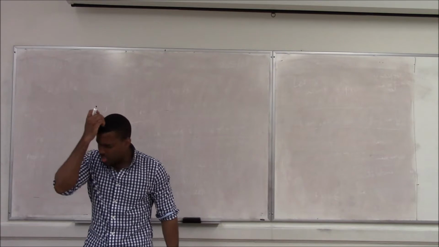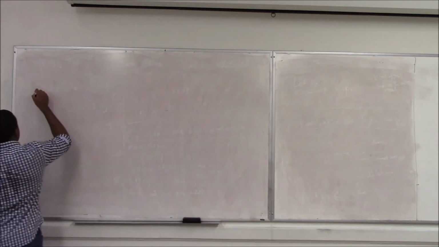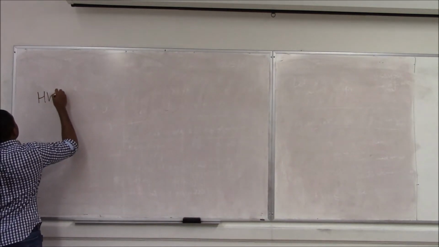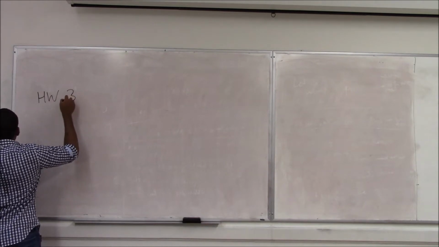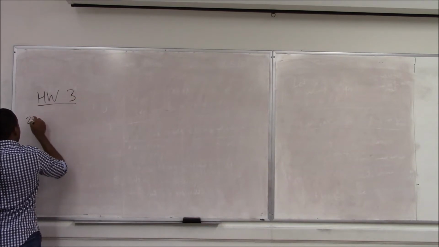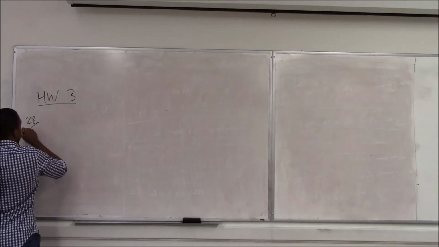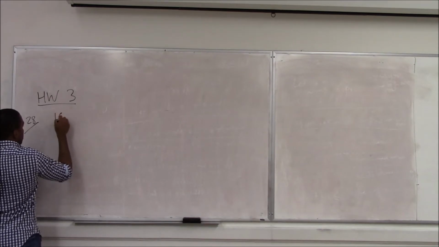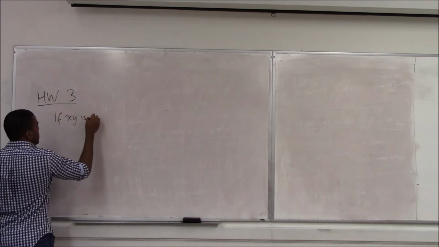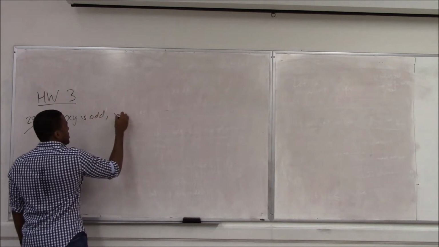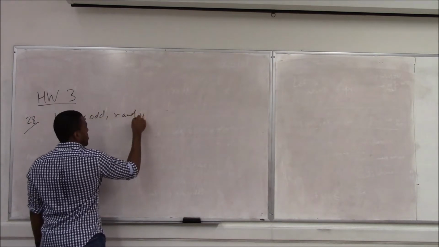Before that, on the last one, also, something stood out to me. I believe this was homework 3, problem 28. It said something like, if xy is odd, then x and y are odd, or something like that.